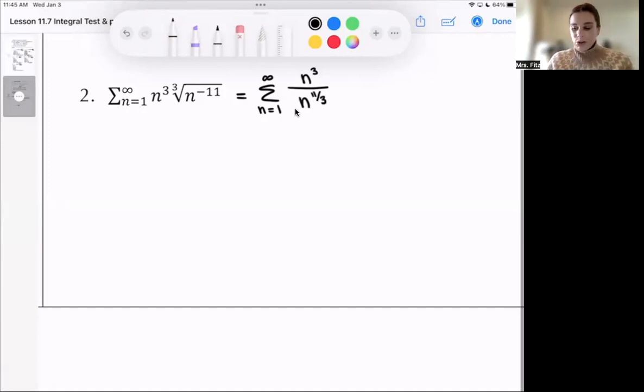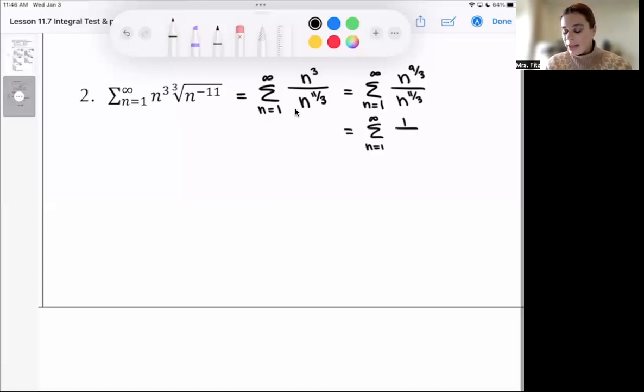And so what you could do after that is think of this as the sum from n equals 1 to infinity of n to the 9/3 over n to the 11/3. When we divide exponents with the same base, we subtract them. It would be a negative exponent, but you can leave it in the denominator as a positive one. So this ends up as 1 over n to the what?